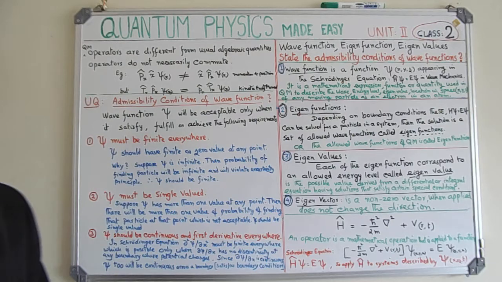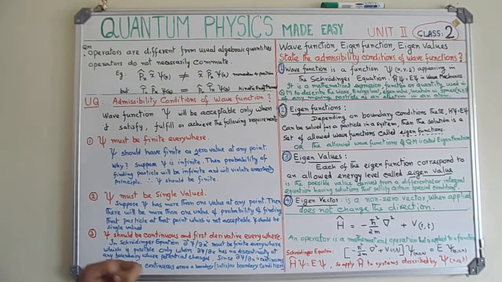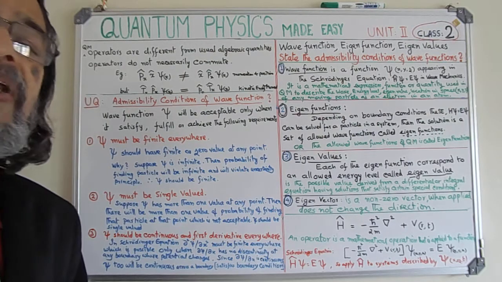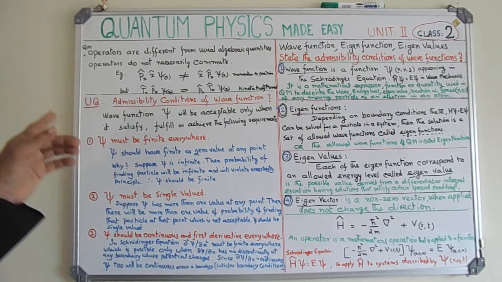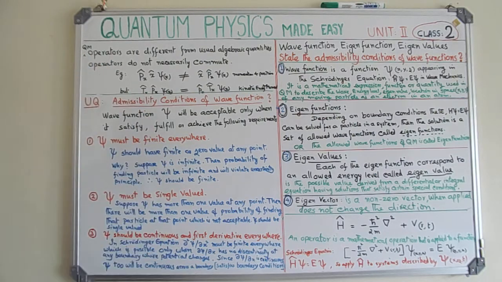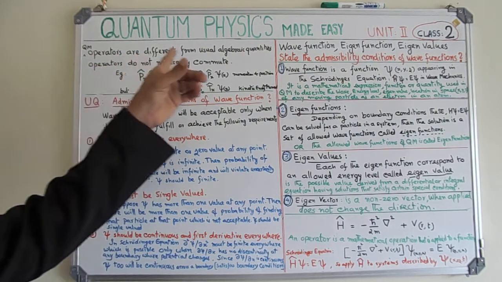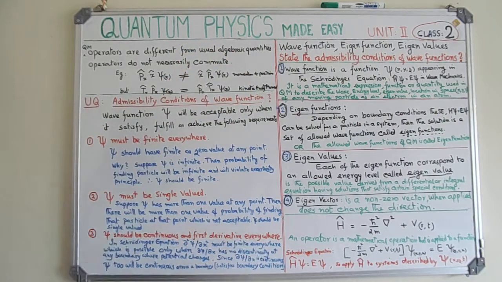Similarly, we should be careful while dealing with the quantum mechanical operators: the momentum operator, position operator, Hamiltonian operator, Laplacian operator, etc. You might have heard. While dealing with such operators, operators are different from usual algebraic quantities.